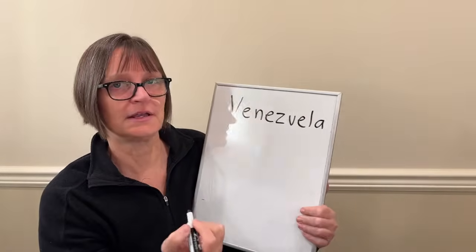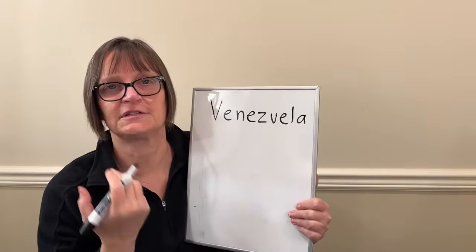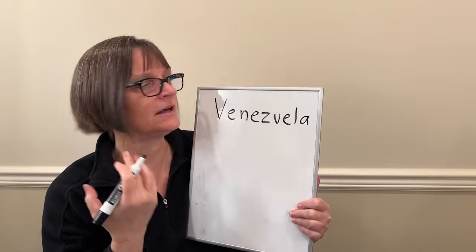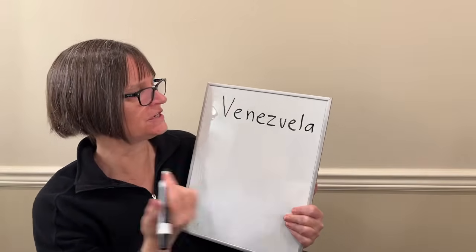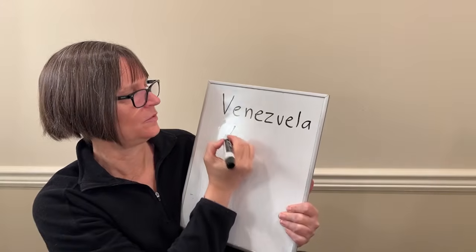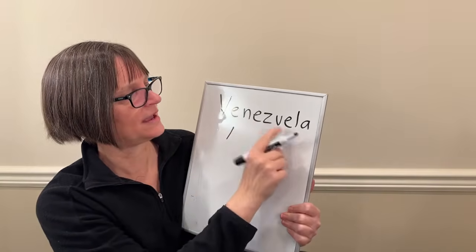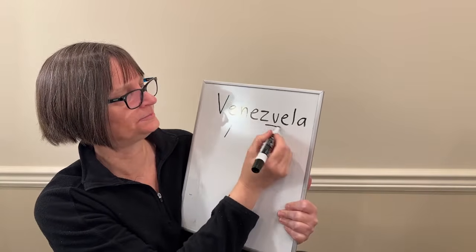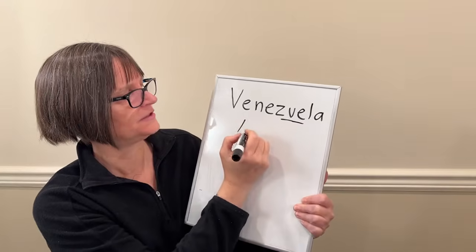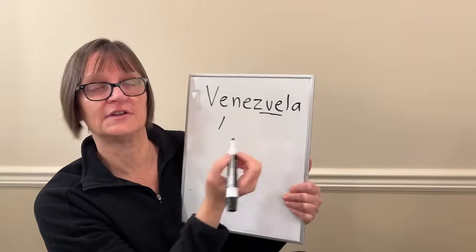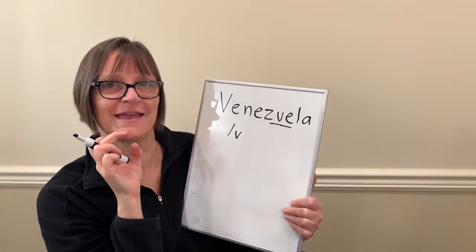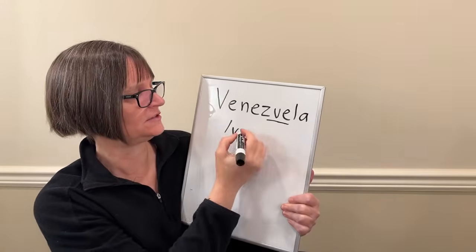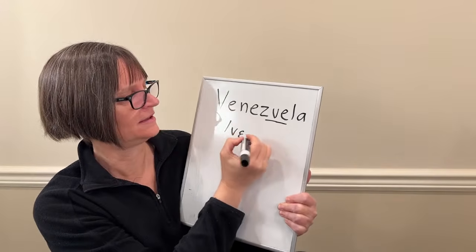So in American English, we don't pronounce it exactly the same as you would in Venezuela because we don't speak Spanish. So in our version, we stress Venezuela on the zue syllable. We have the letter E saying its American sound. In Spanish, it would be more of a veh, but in American English, it's ve.